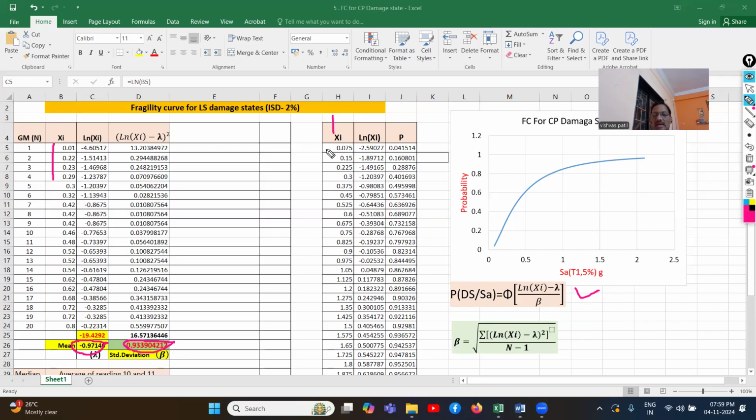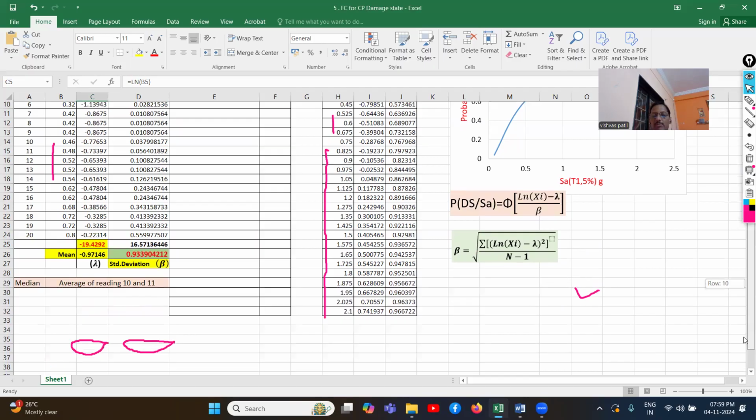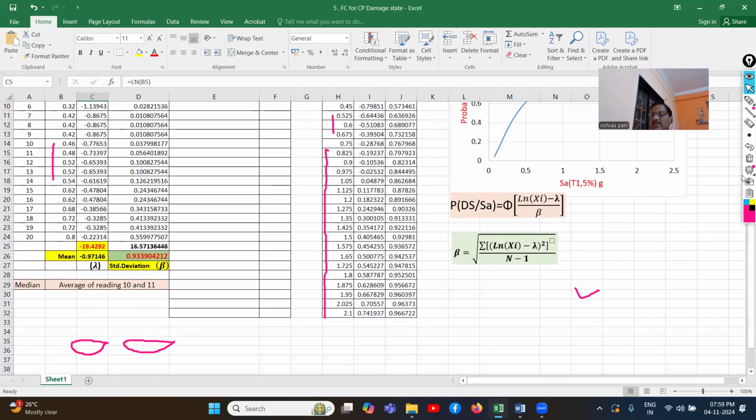Here I have taken the minimum reading at 0.075, then 0.15, with an increment of 0.075. With this increment, I have taken a set of spectral acceleration values, up to 2.1.